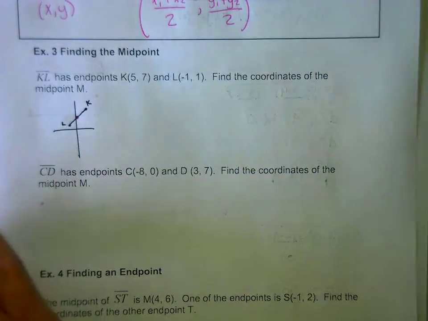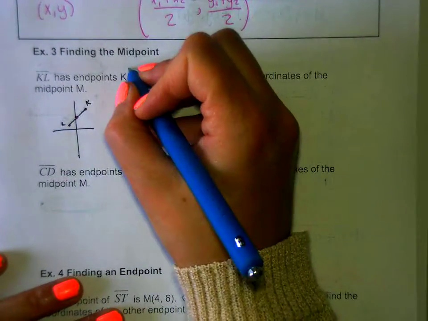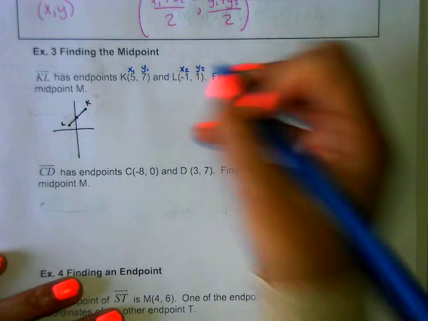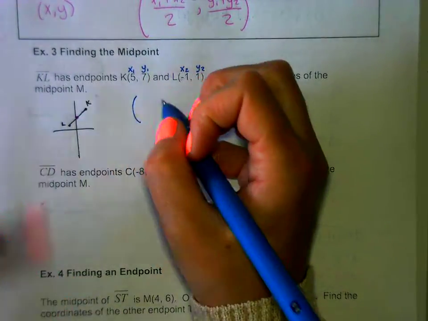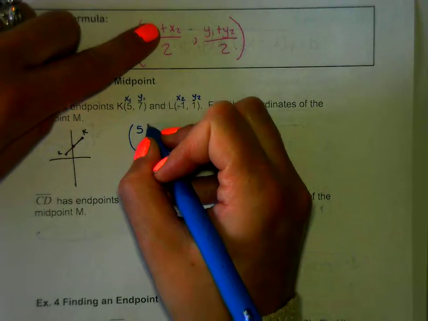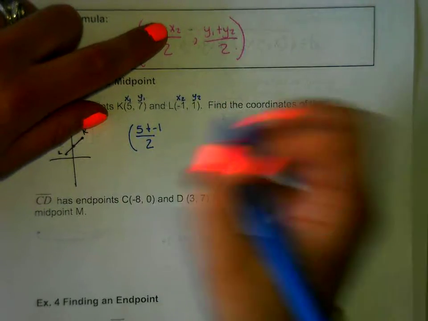If I use the midpoint formula, I need x1 and x2. So this is my x1, y1, x2, y2. Using that formula, my x1 is 5, and I'm going to add it to my x2, which is -1, and I'll divide by 2.